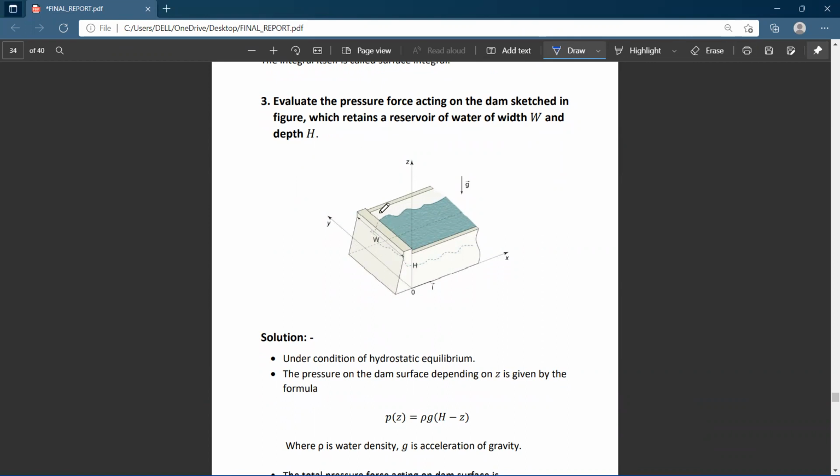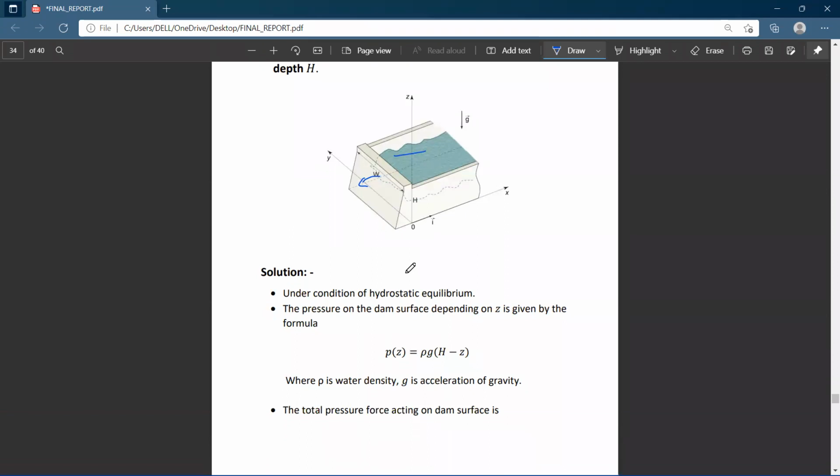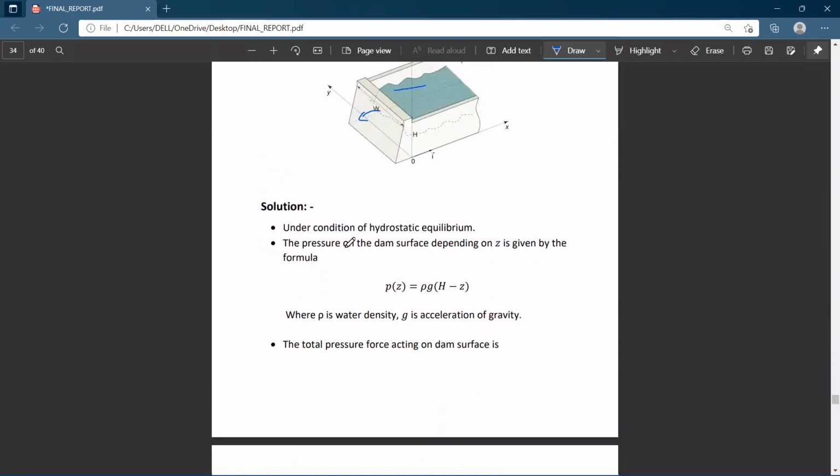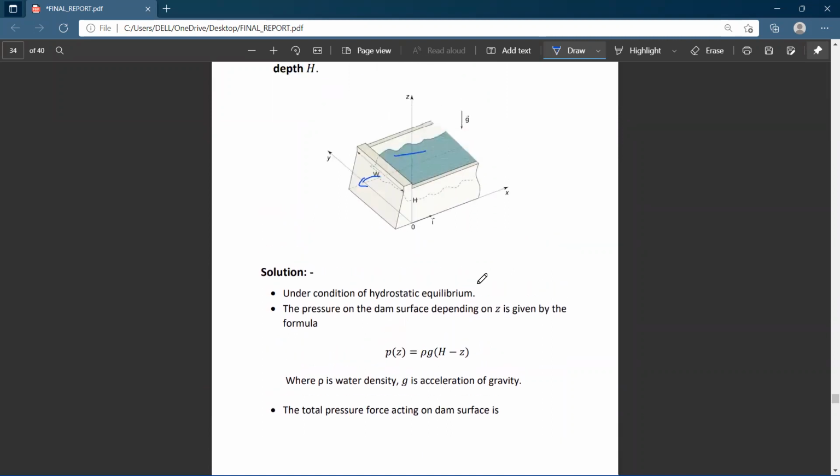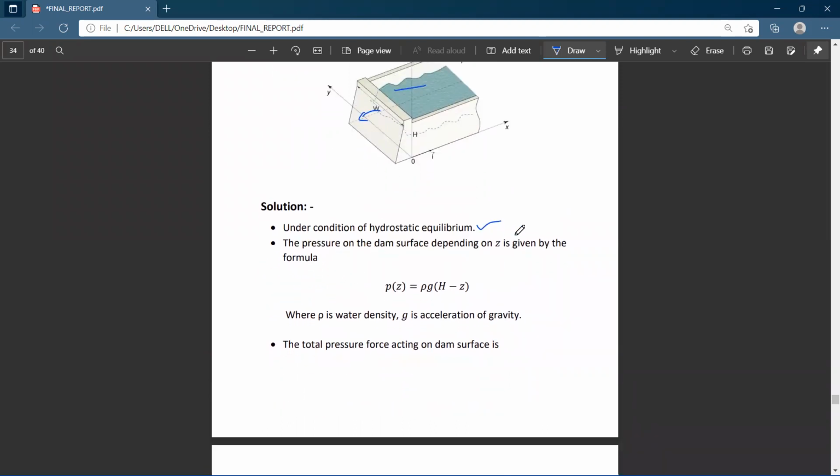Now this is the dam and this is the water which is pushing onto the dam in the direction of minus i cap. Under that condition, this is hydrostatic equilibrium, which is a physics term. In physics, the pressure acting on the dam surface is given by the function P(z), which is rho times g times (h minus z).